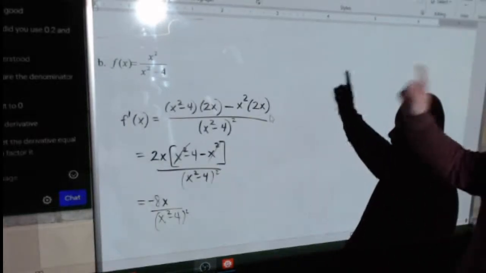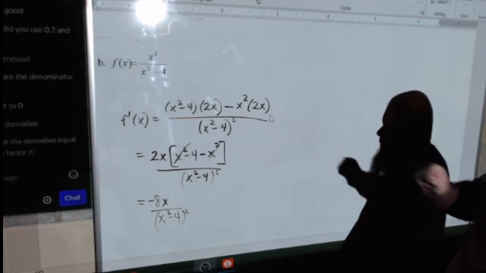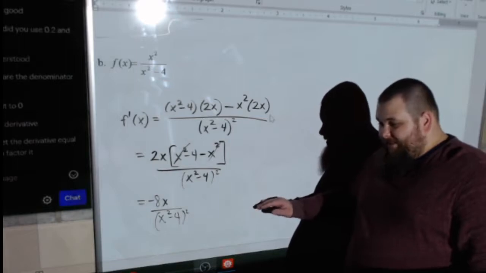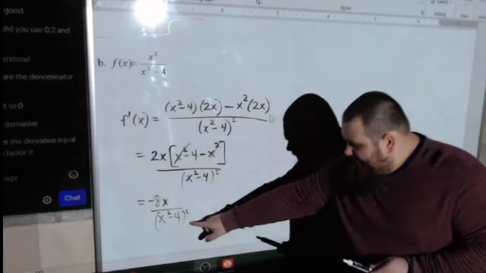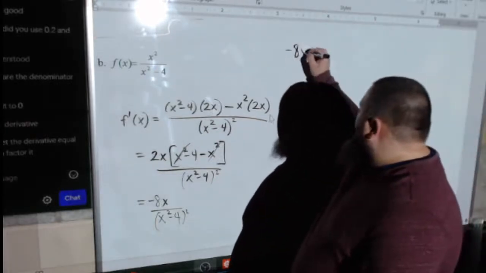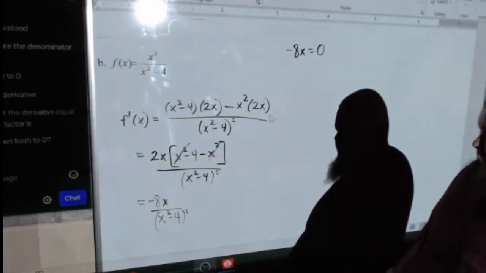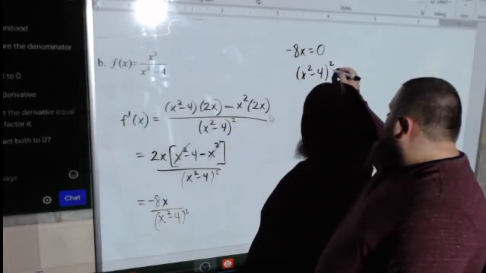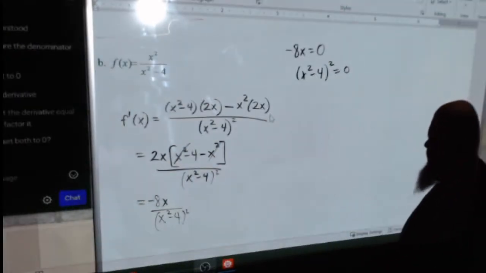So if you go way back to the beginning of that last packet, the definition for the critical values is when the derivative is 0 or does not exist, meaning undefined. And that's when the denominator is 0. So we need to solve the numerator equals 0, and we need to do the denominator equal to 0. So yes, set both to 0 separately and solve.